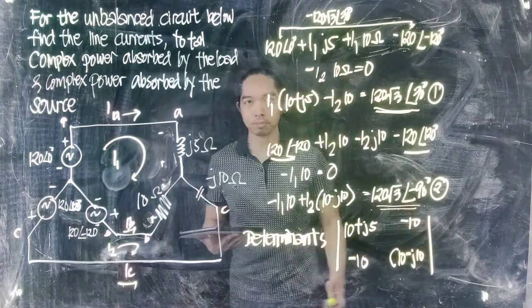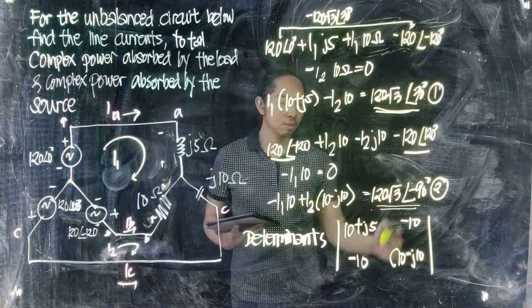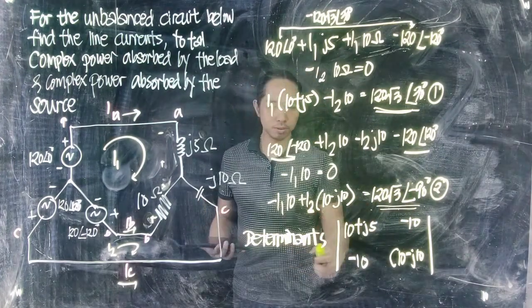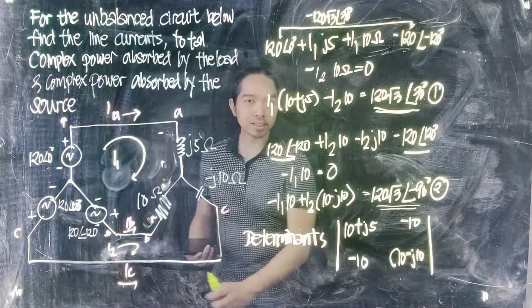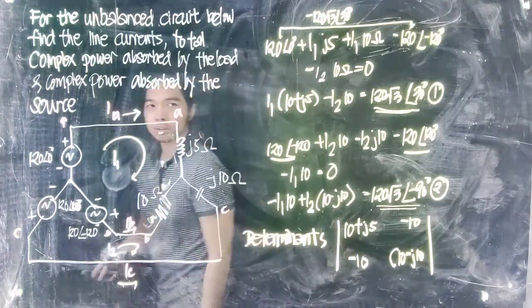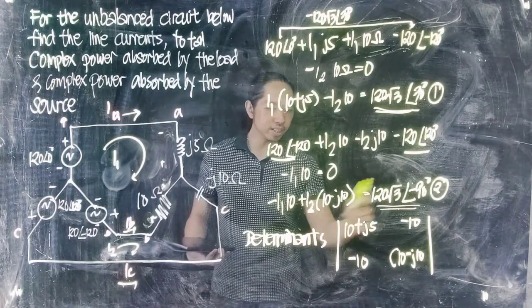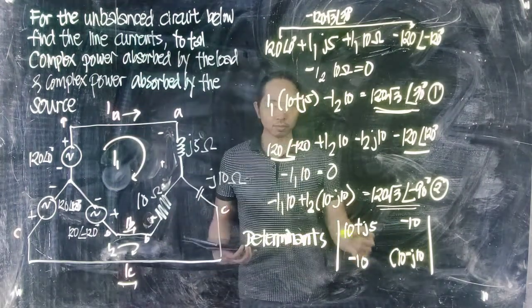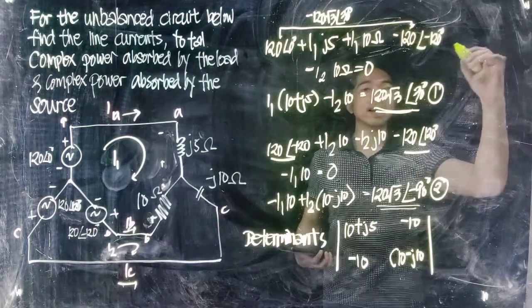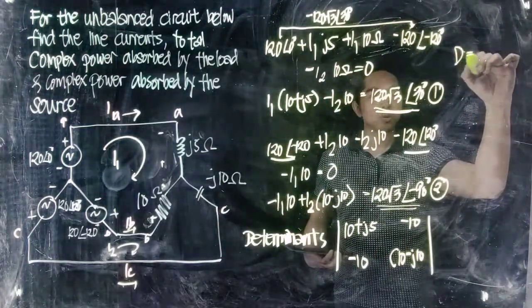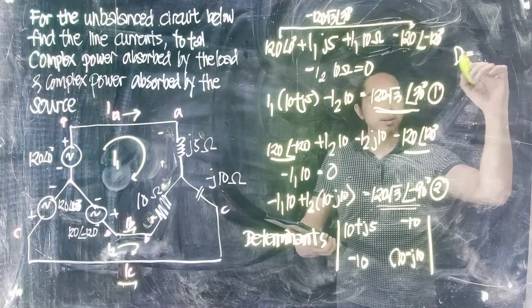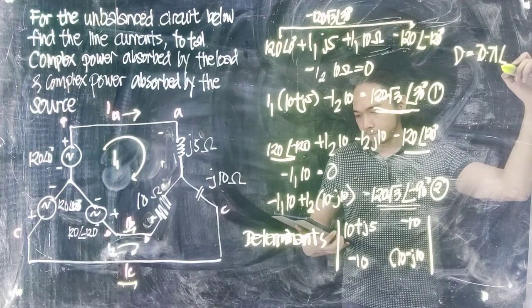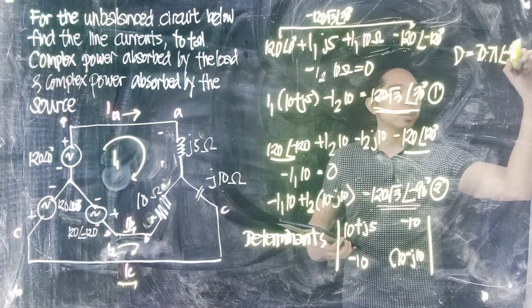Let me cut the video short. Upon using these determinants, the value of our D is 70.71 angle of negative 45 degrees.